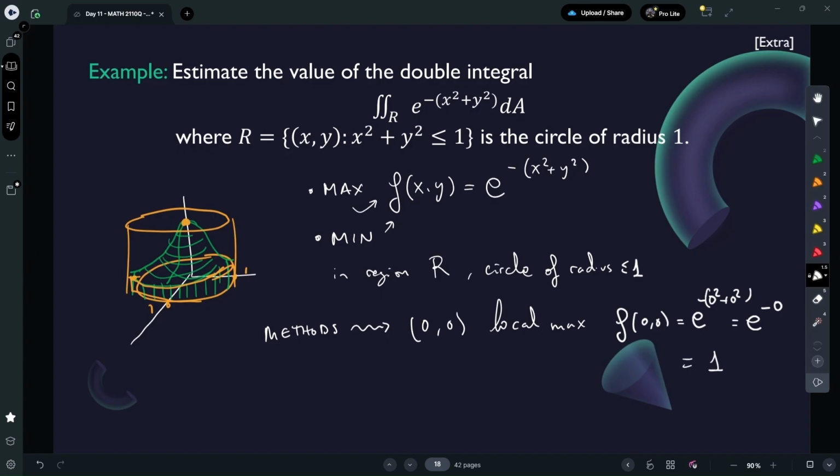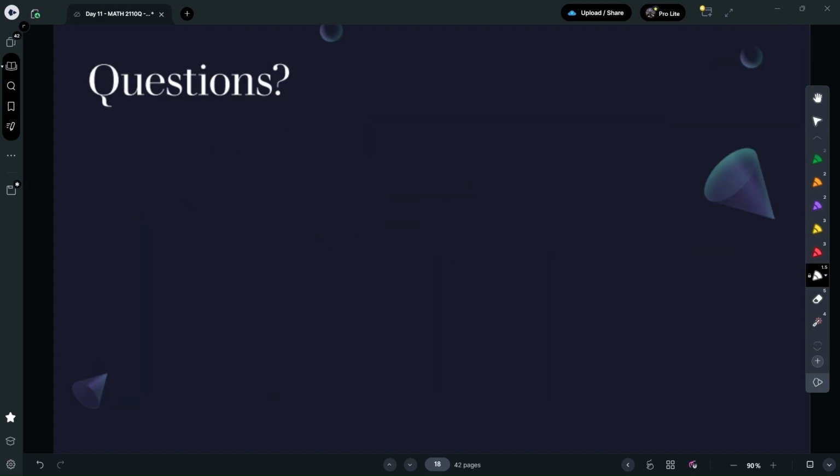And now what is the minimum? The minimum will actually happen in the boundary, because it's decreasing everywhere from that local max. There's only one local max. It's decreasing everywhere. The minimum happens in the boundary, and the boundary is when x squared plus y squared is equal to 1. And in the boundary, f of x y, let me do this in the next page.